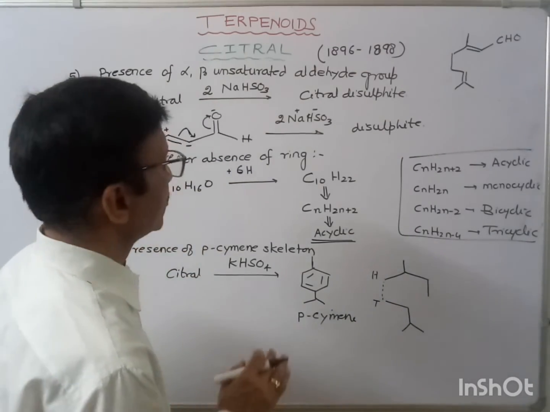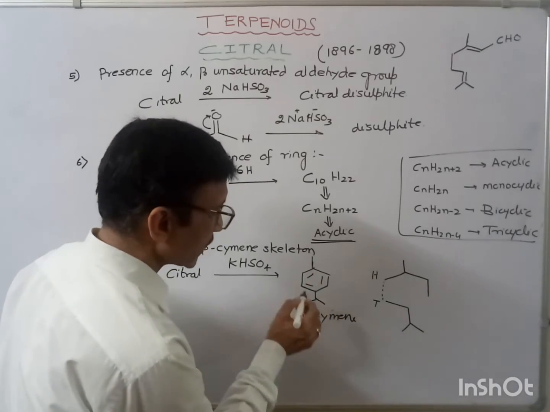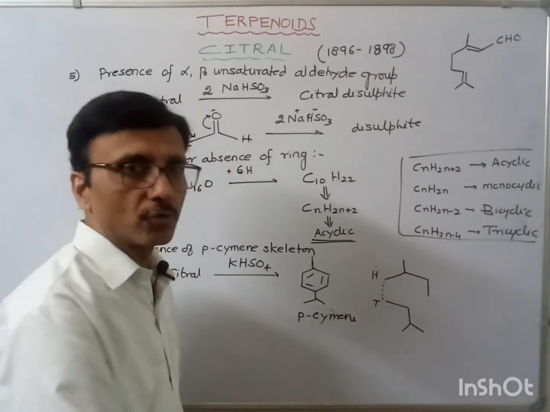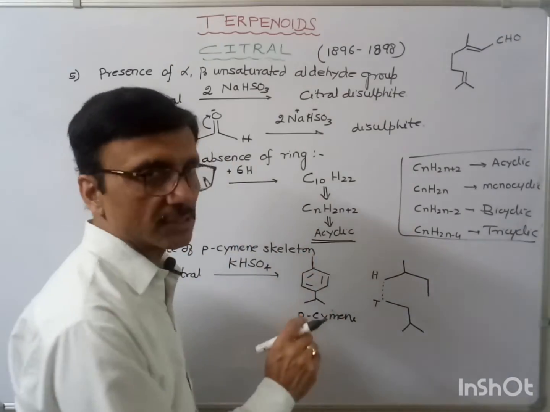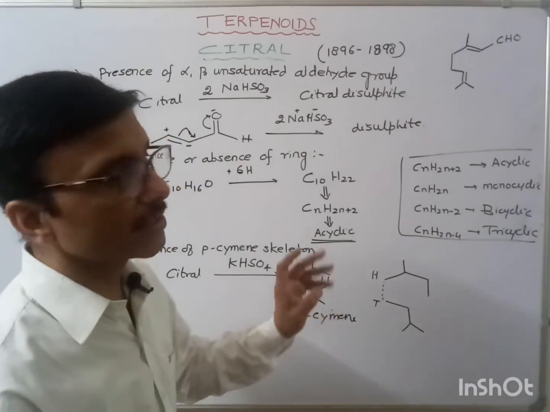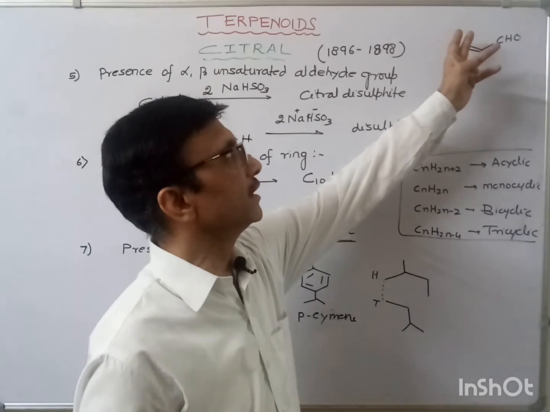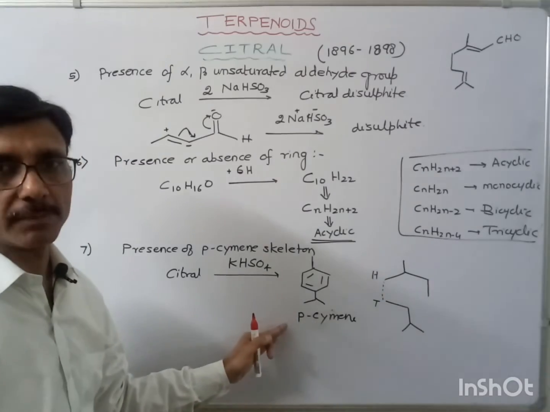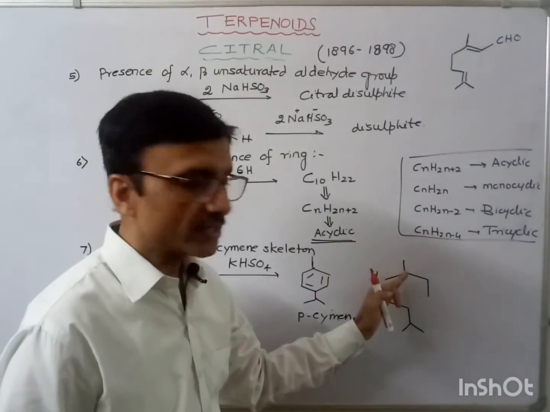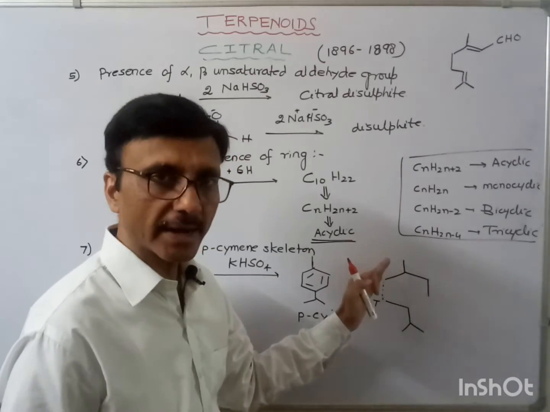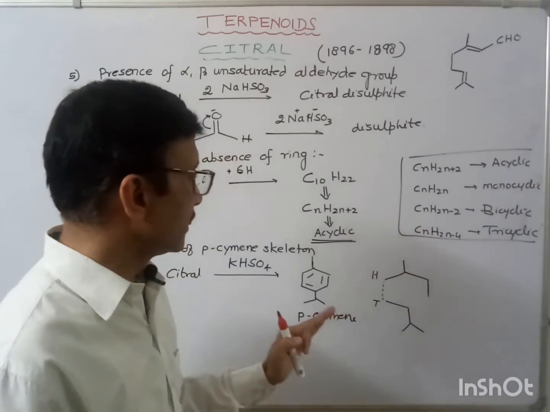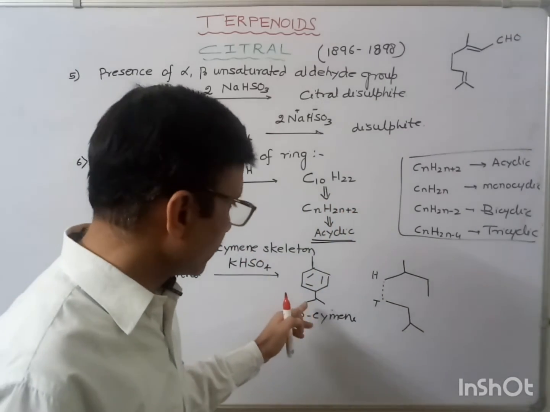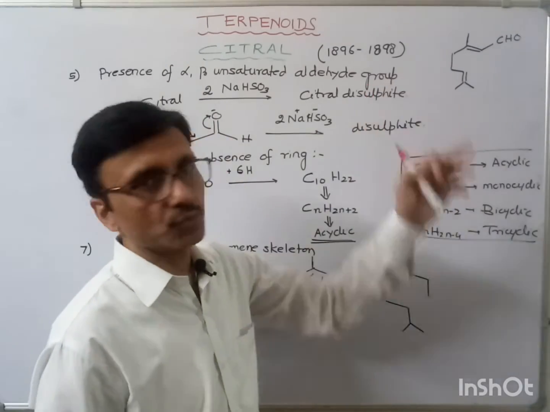Another thing is that in para-cymene the isopropyl group is para to the methyl group, which means in citral also the isopropyl group is present para to the methyl group. So the formation of para-cymene tells that there are two isoprene units joined in head to tail fashion, and second, that citral contains an isopropyl group para to the methyl group.